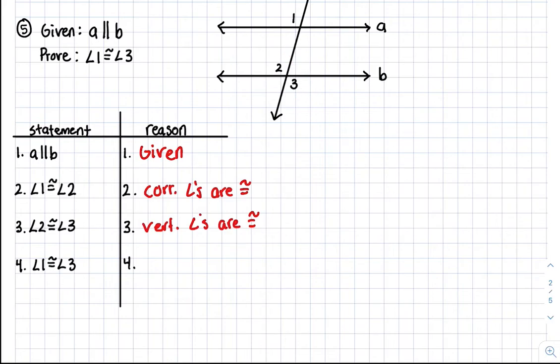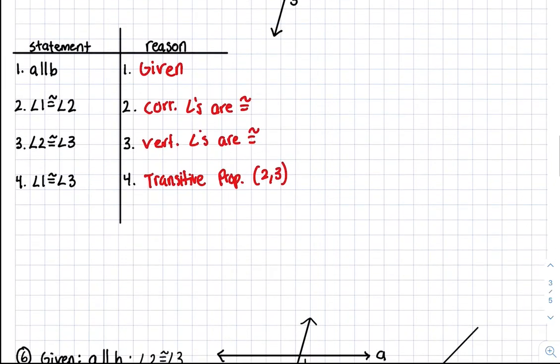And lastly, angle 1 is congruent to 3, because if angle 1 is congruent to 2 and angle 2 is congruent to 3, then that just must mean angle 1 has to be congruent to 3. And that is the transitive property. From what lines? We're using lines 2 and 3. Okay.